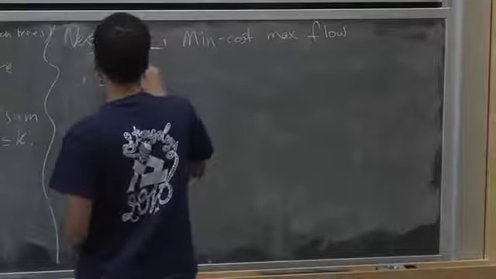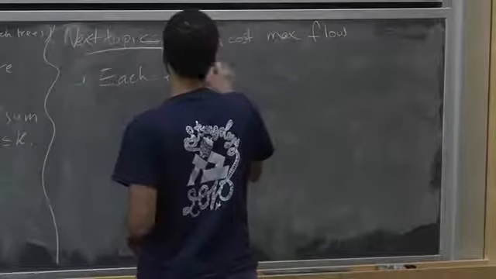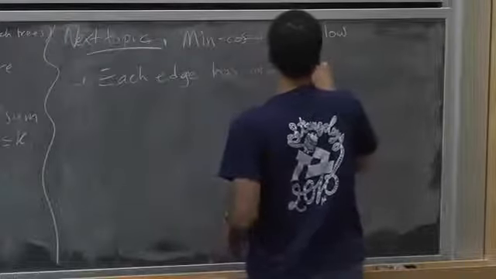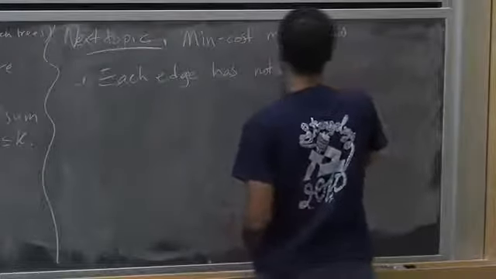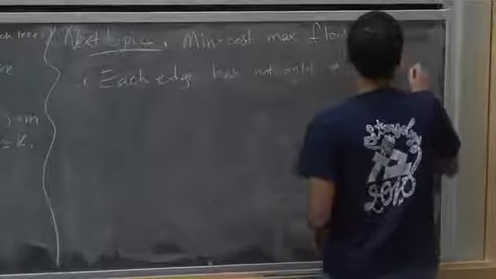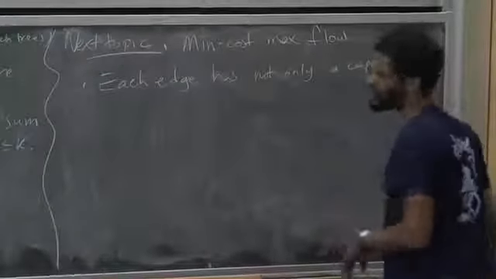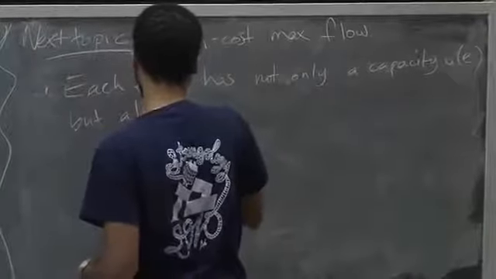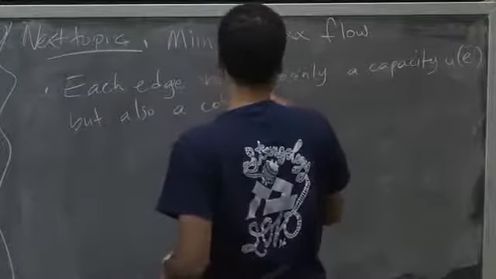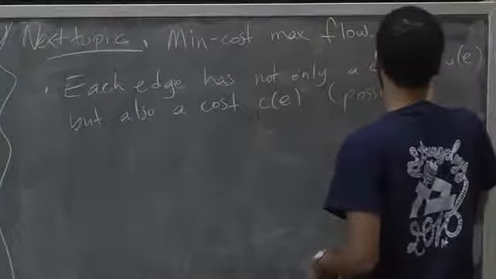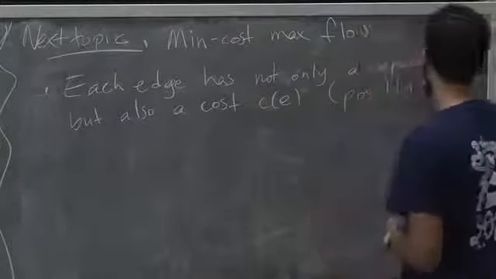Each edge has not only a capacity, I'll call it U of E, but also a cost, C of E, which is possibly negative, or 0.